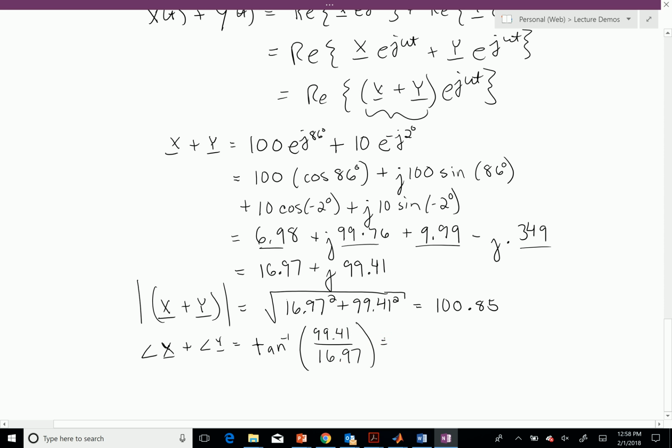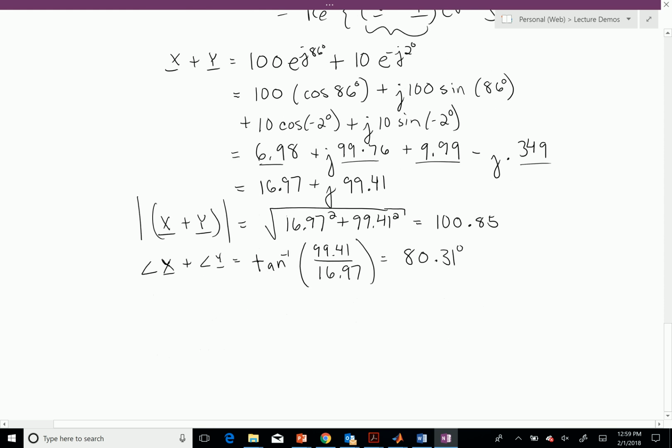So that becomes 80.31 degrees. So essentially what you're saying is x phasor plus y phasor is 100.85 e to the j 80.31 degrees.